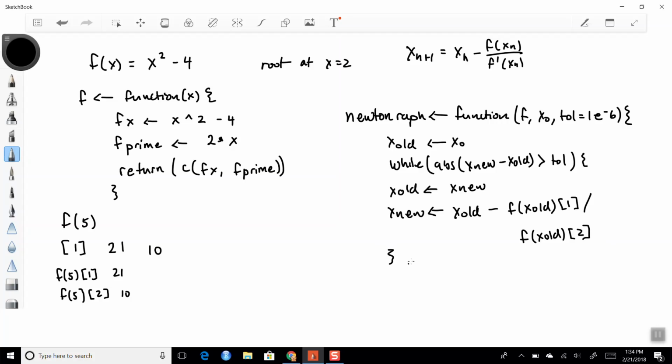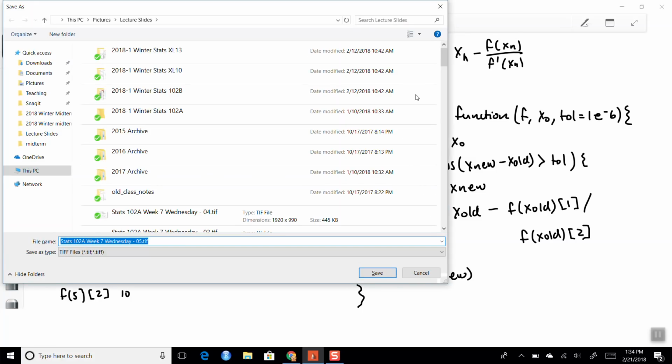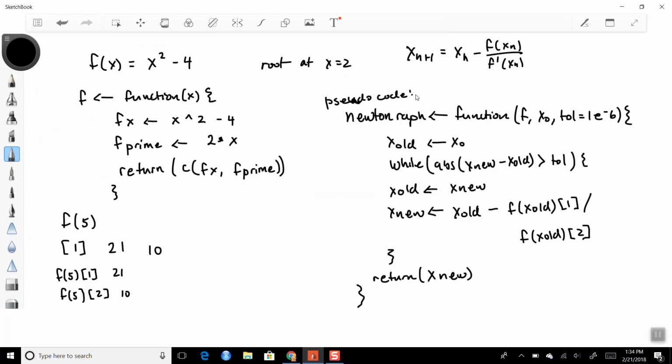And that closes off our while loop, and then at the end, return x new. Okay, this is just pseudocode, so does that make sense?